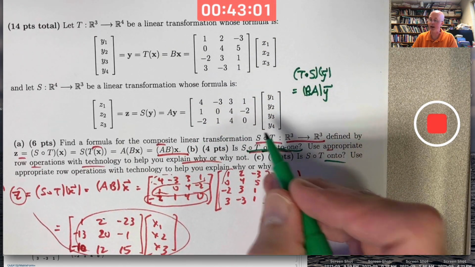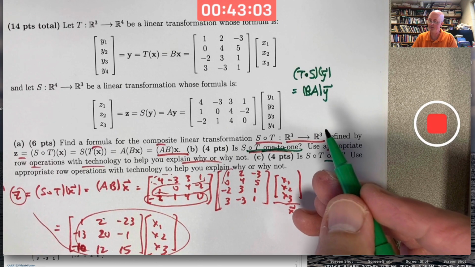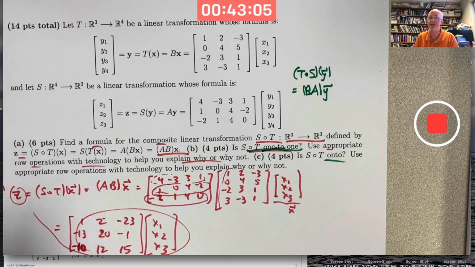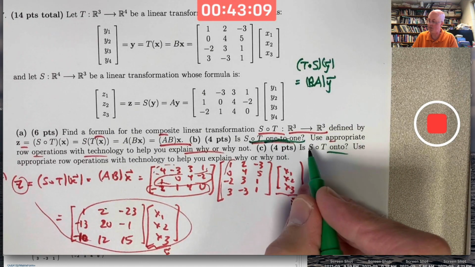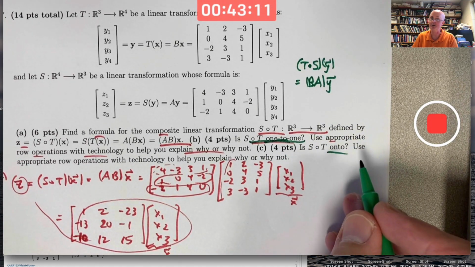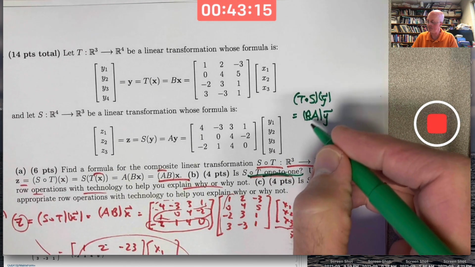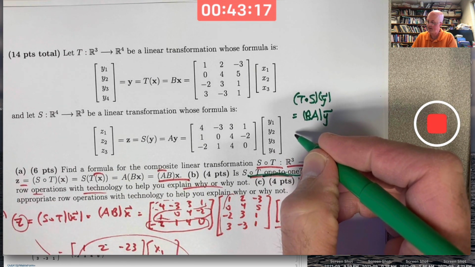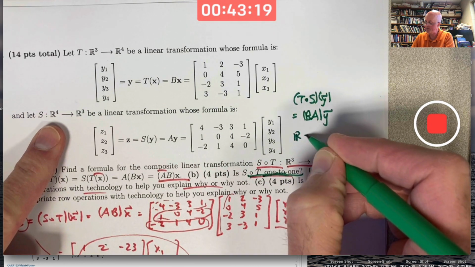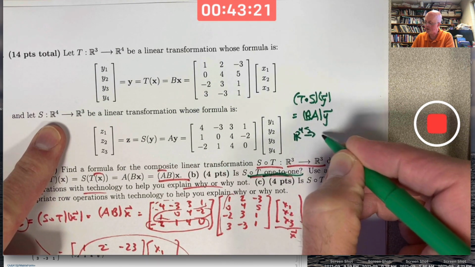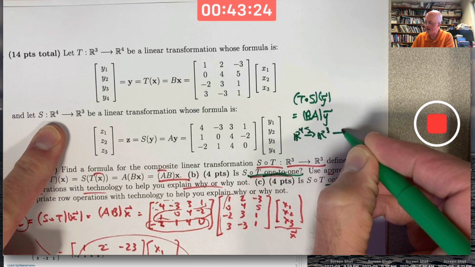The 3's match, your answer would be a 4 by 4 matrix. And it turns out, you should check this, that matrix is actually not invertible, and that means T compose S is not 1 to 1 and T compose S is not onto. Which makes intuitive sense if you think about the dimensions for this. T compose S goes from R4 to R3, and T goes from R3 back to R4.